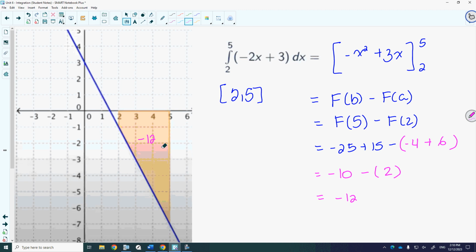It's below the x-axis. So the total area here is 12, but what we do with integration is we use something called signed analysis when we're evaluating integrals. When we are below the x-axis, we consider that area to be negative area. Above the x-axis is always going to give us a positive area. Below the x-axis is always going to give us negative.